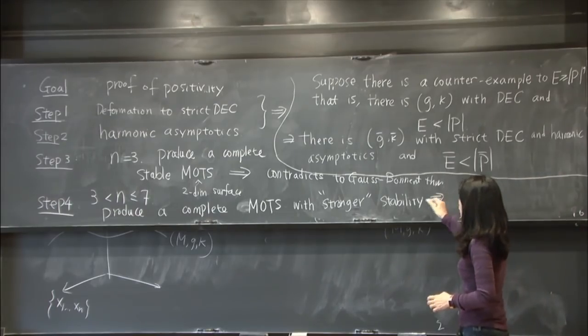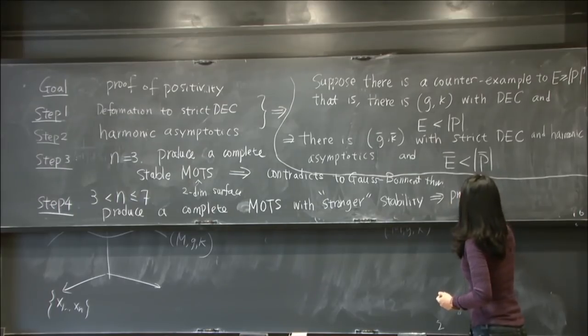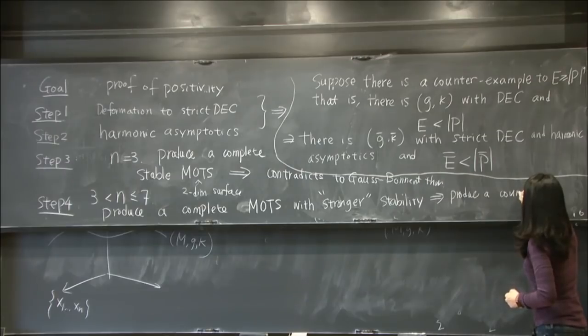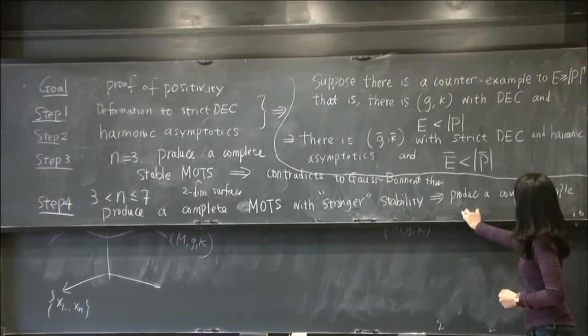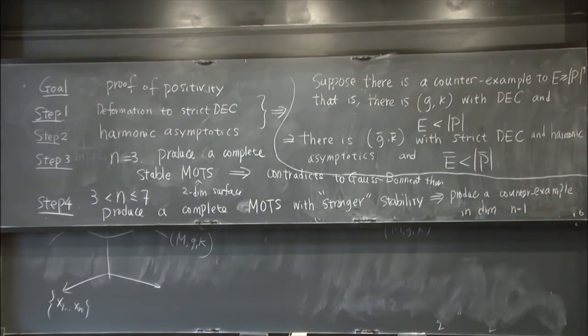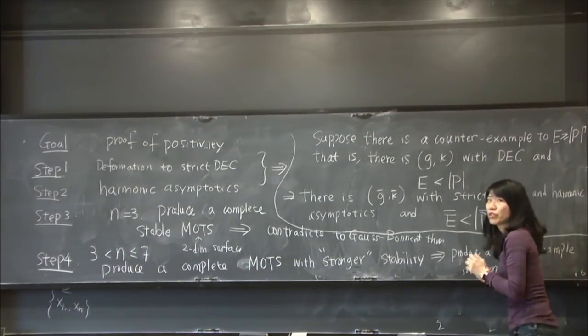And what we'll conclude from this step is that we produce a counterexample in one dimension lower. So that contradicts the induction hypothesis. So the base case is true, we're showing the n-1 case is true, and then in the case n, suppose it's not true, it will contradict the n-1 case. So this is a general outline.